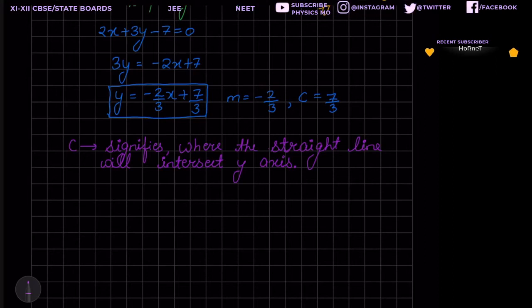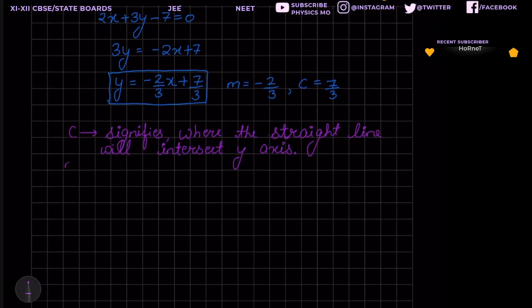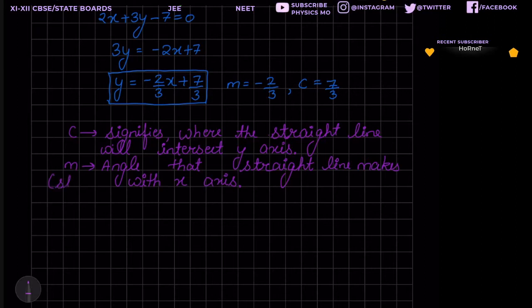That will be through c, and through m we will get an idea about the angle that the straight line makes with the x axis. x axis के साथ वो स्ट्रेट लाइन कैसा एंगल बना रहा है, that will be identified through m. तो c means y intercept, कि y axis को कहां पर इंटरसेक्ट कर रहा होगा, and m is slope, basically its name is slope, and its name is y intercept.